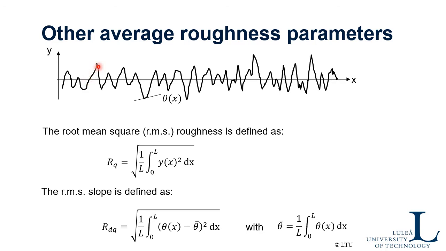The steeper asperities you have, the higher the contact pressure will be. So RDQ, which is the parameter named here, is a useful parameter. It's not used very much, I would say, but it's a useful parameter from a tribological point of view.